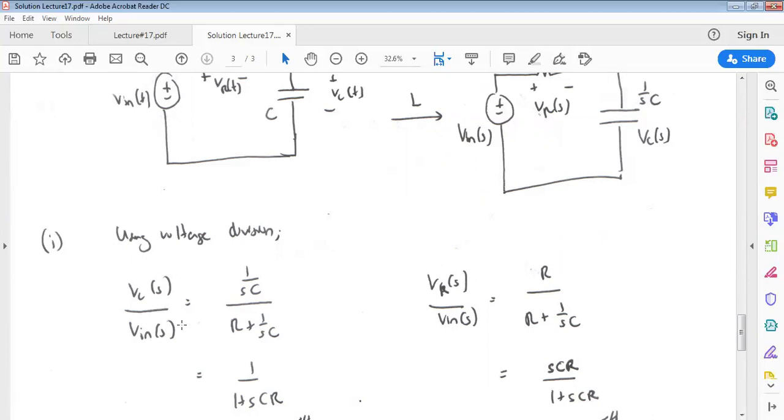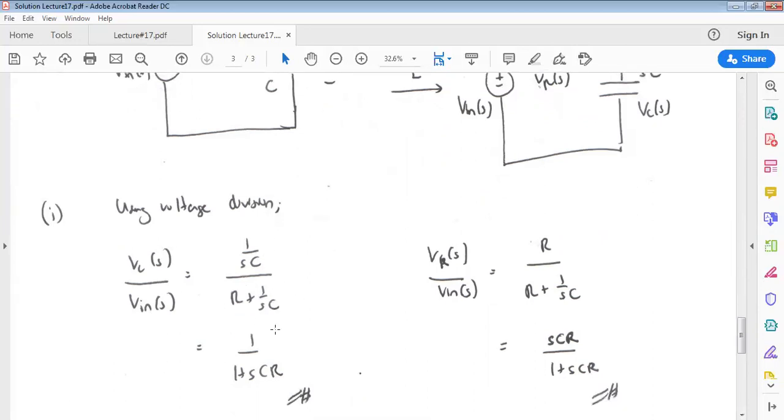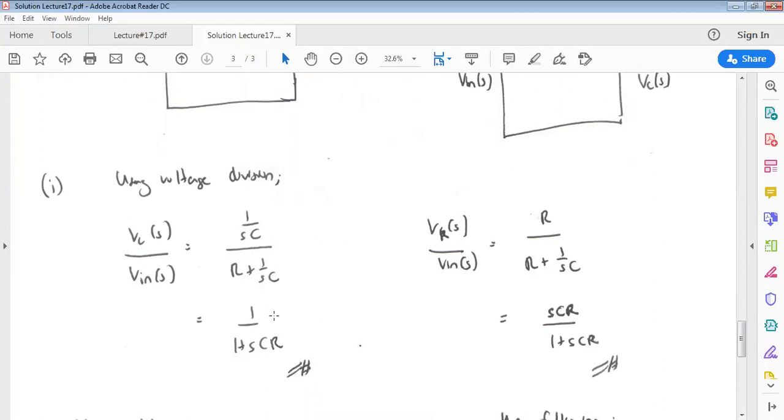By using voltage division, we get (1 over SC) over (R plus 1 over SC), which gives 1 over (1 plus SCR). Looking at this equation, we can deduce that this is a low pass filter, because we only have a real pole and a constant.